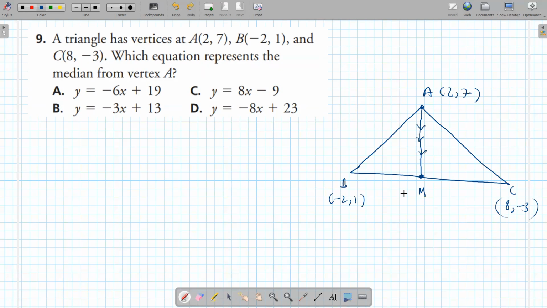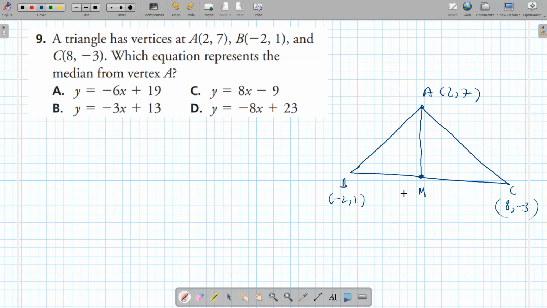To find the equation of a line, all you need are 2 points, because you can find the slope and plug any point back in to find the C value. We already have the first point, A. All we need is the point M. How do we find point M here?